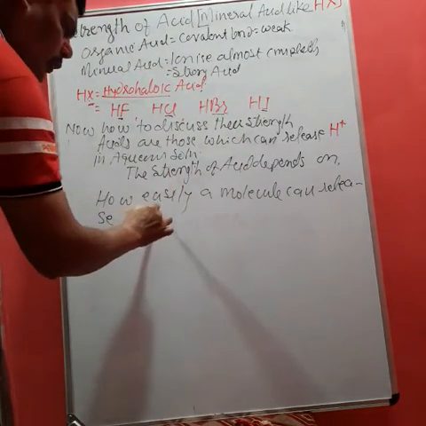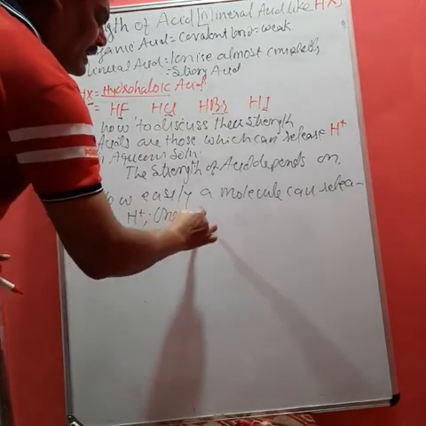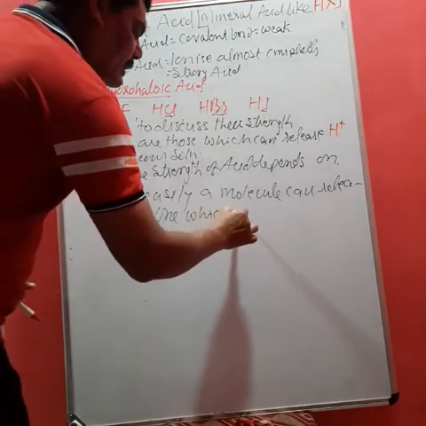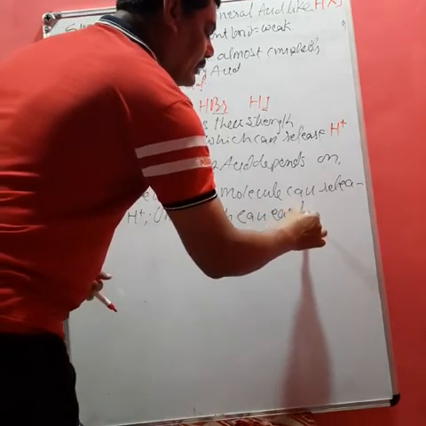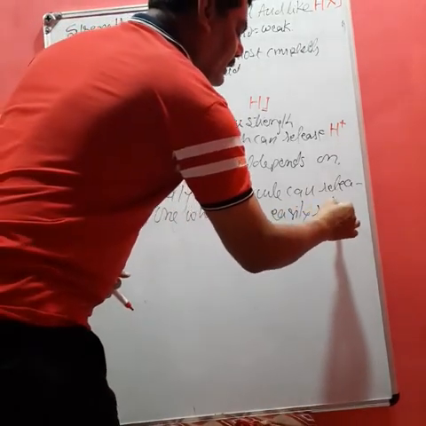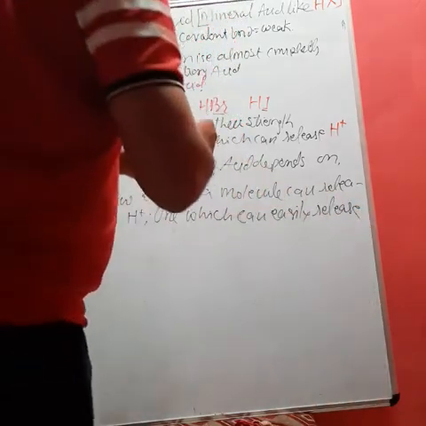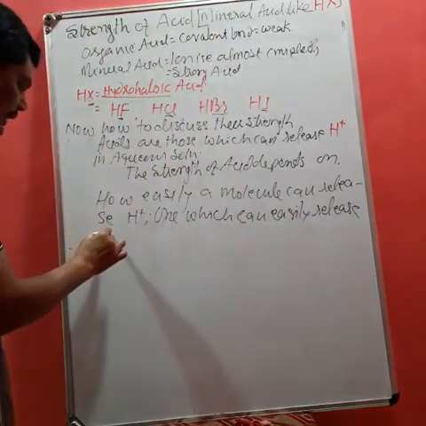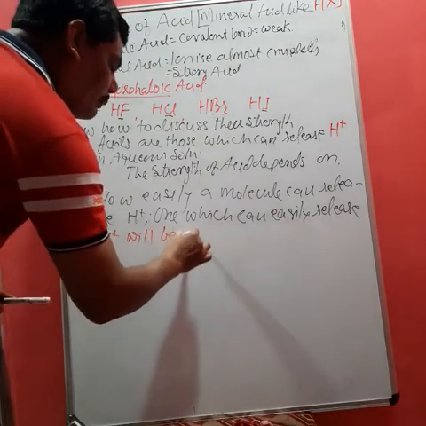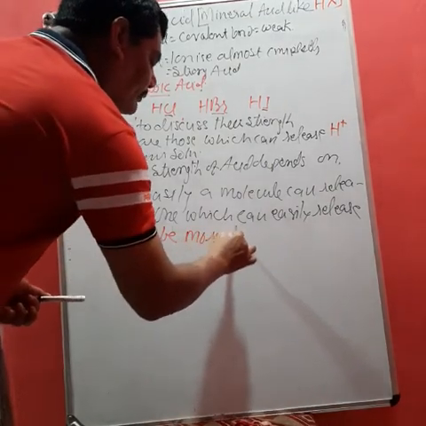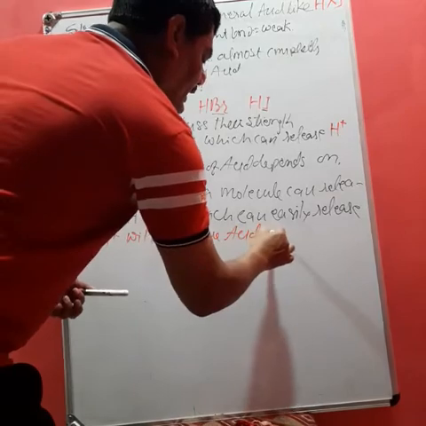So one which can easily release H cation will be what? More acidic. Will be more acidic.